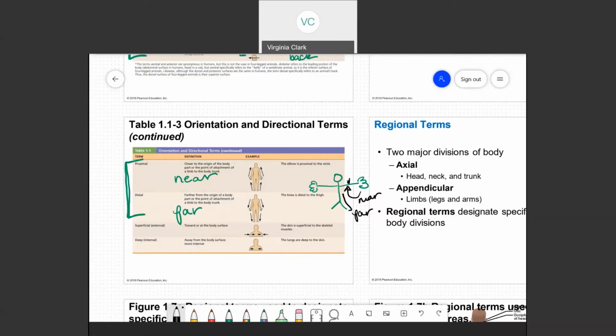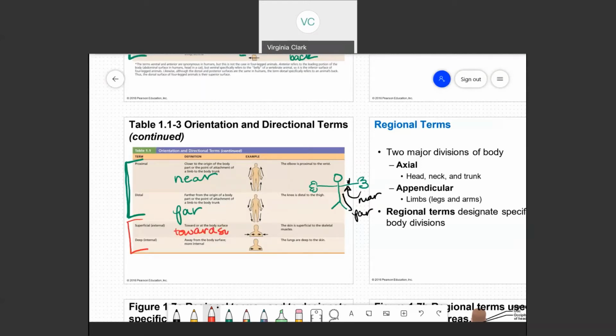And then the last two are going to be superficial and deep. And these are referring to internal and external. So superficial, I like to pull out the great 2000s movie of Mean Girls, and we've got the plastics. They were all about the external. They were superficial. So with the superficial, it is going to be toward the surface.